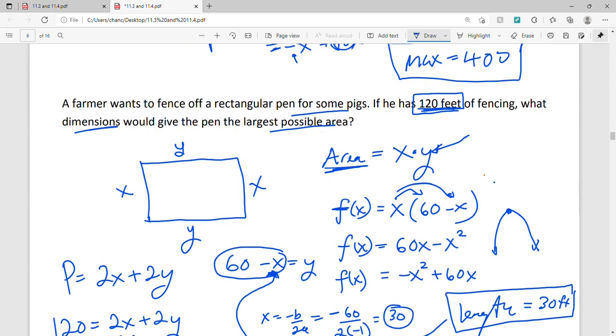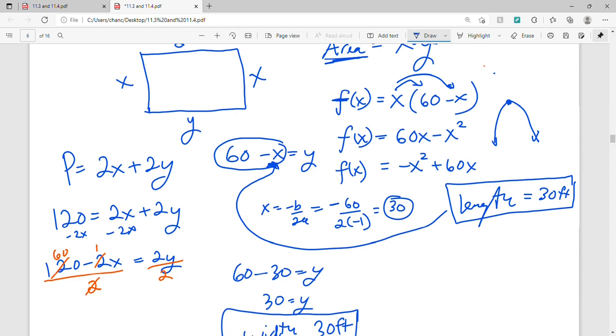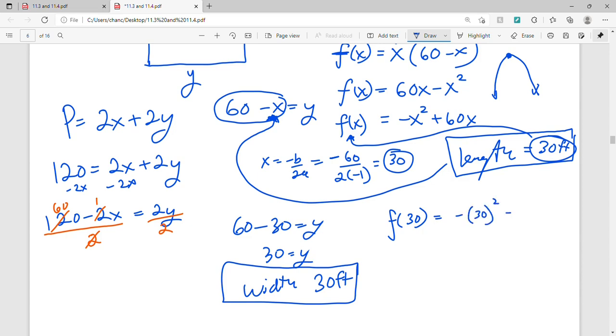Now some of you might have thought, why did we not plug it back into the original function to find the area? Well, the question wanted to find the dimensions, the length and the width. If we wanted to, we could have plugged 30 into f of x and get this expression. But we were not looking for the maximum area.